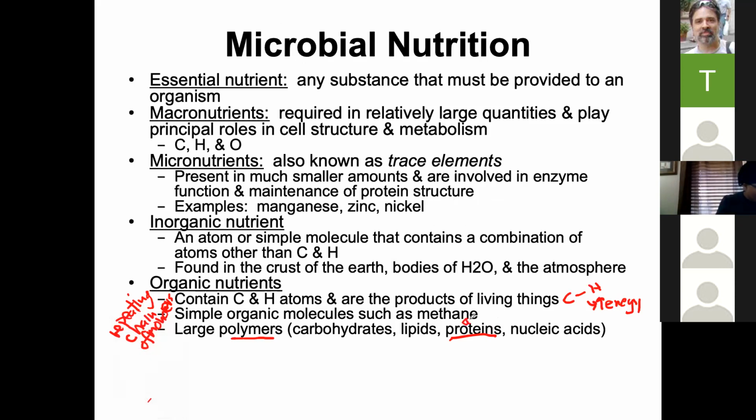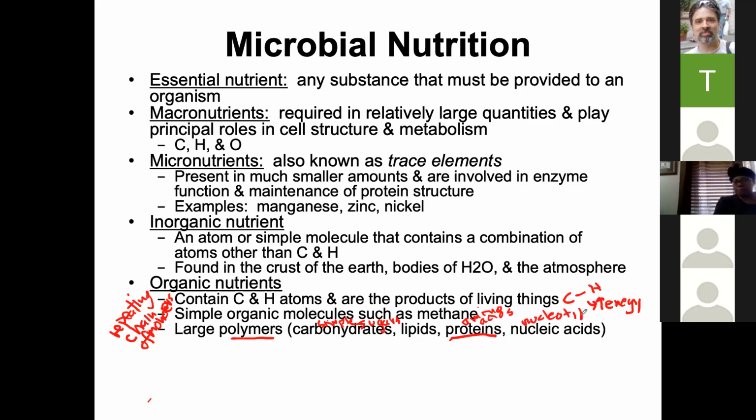So amino acids. The monomers of carbohydrates are simple sugars, or you could say monosaccharides. The monomers of nucleic acids like DNA and RNA are nucleotides.